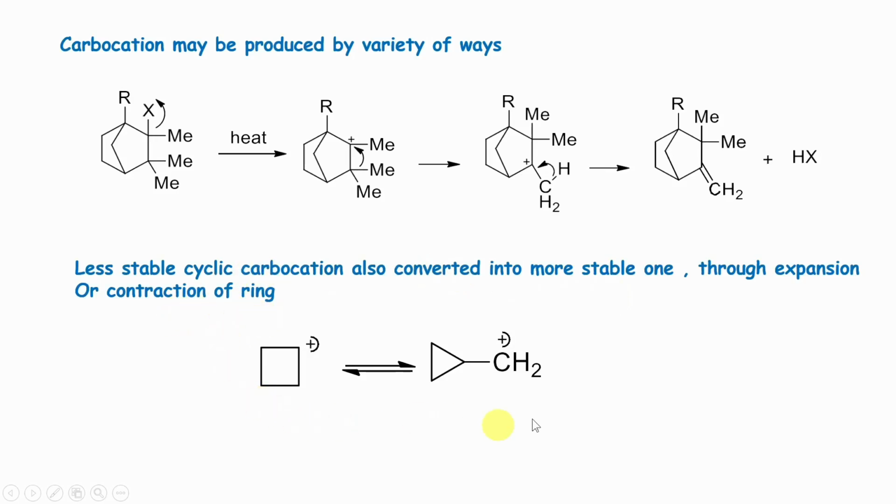For example, in this reaction involving a contraction of ring, this carbocation gets converted into this carbocation, where ring contraction takes place through the alkyl shift from one position to the adjacent position, or 1,2 alkyl shift. This rearrangement also involves a 1,2 alkyl shift, whereby contraction of the ring takes place. It is also a Wagner-Meerwein rearrangement.